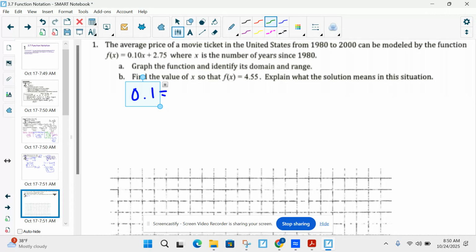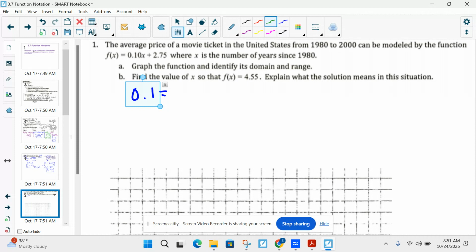Isn't that like how tickets are like time? X is the number of years since 1980, but that's not what the 0.1 represents. Tate? It has something to do with the price of the movie tickets, but it's not the price of the movie tickets.